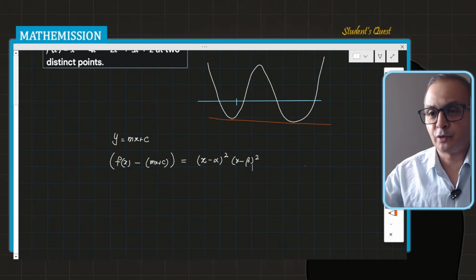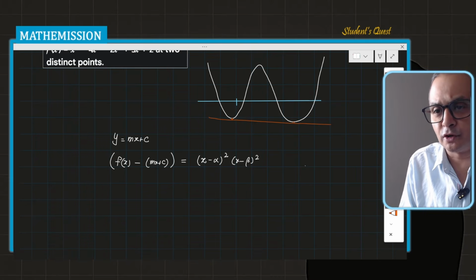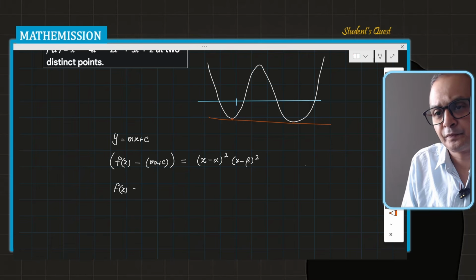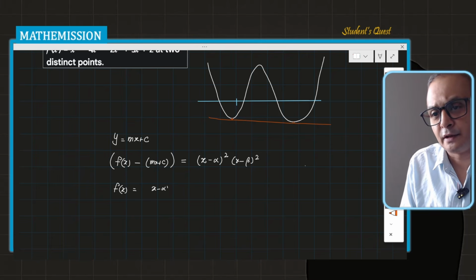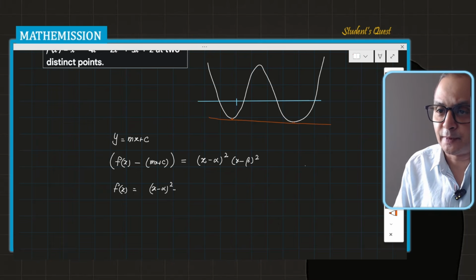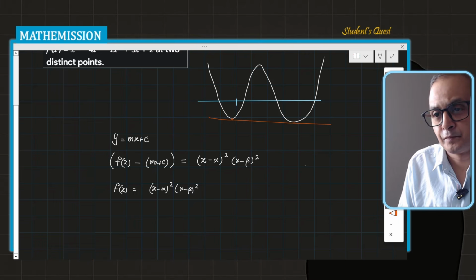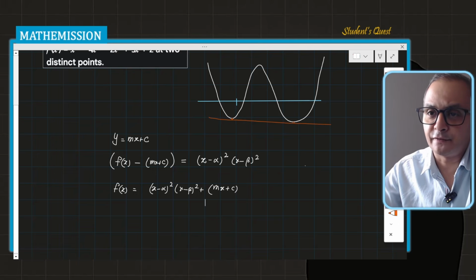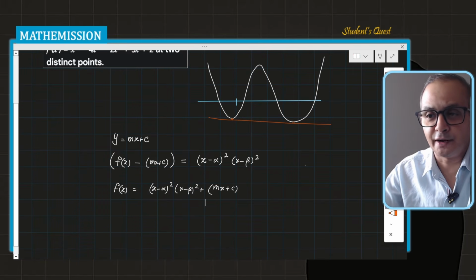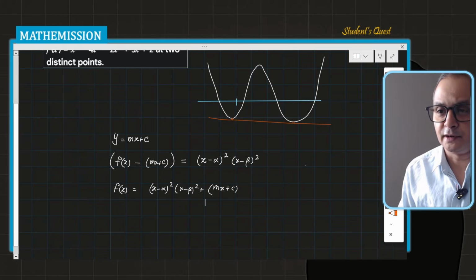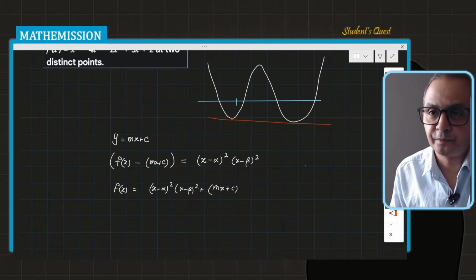So from there, I can also write the function f(x) as (x minus alpha) squared times (x minus beta) squared, plus mx plus c. Now all I have to do is equate this f(x), what is given, and on the right hand side I also have a biquadratic.